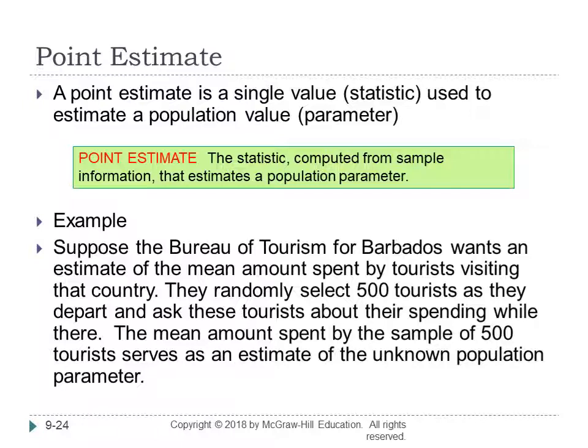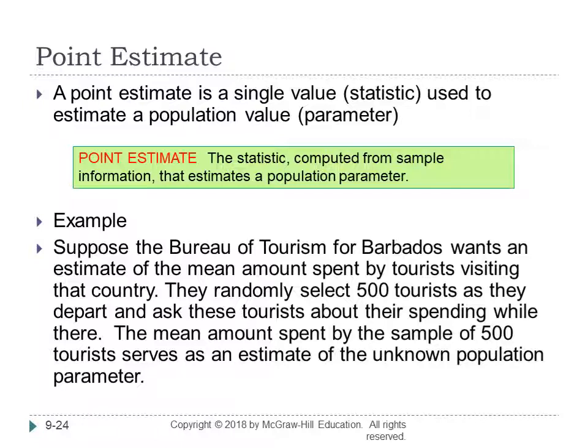The Bureau of Tourism in Barbados, this is a country, wants an estimate of the mean amount spent by tourists visiting the country. What they do is they randomly select 500 tourists as they depart, as they leave the country, and ask the tourists about their spending while there and how much money they spent in the country. So your sample has 500 people.